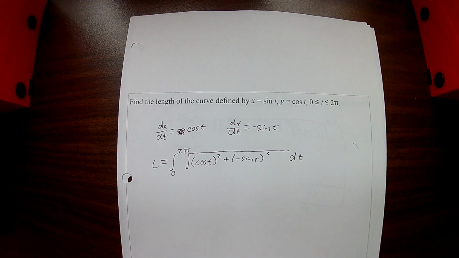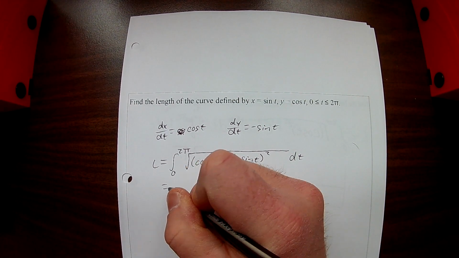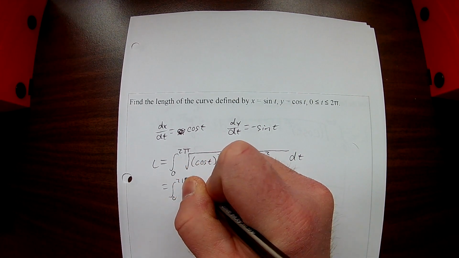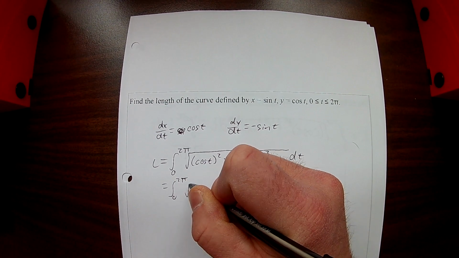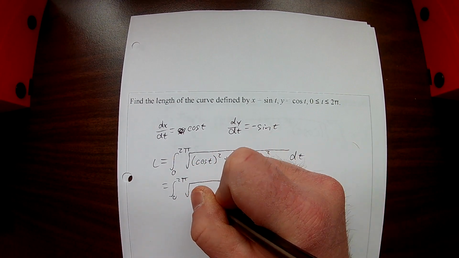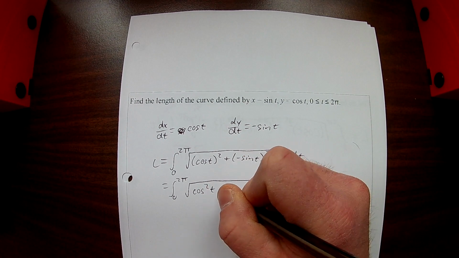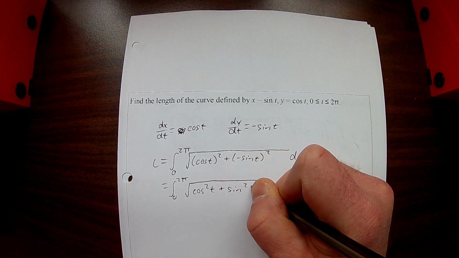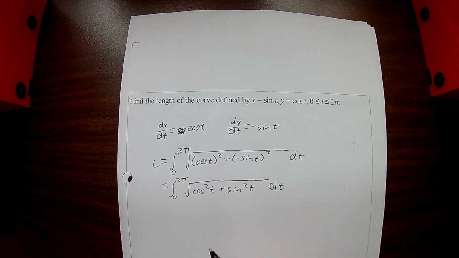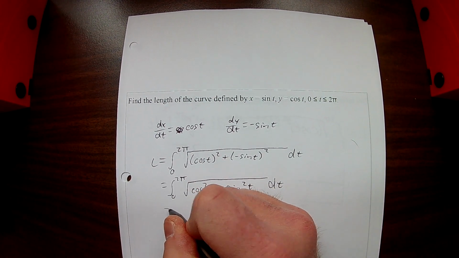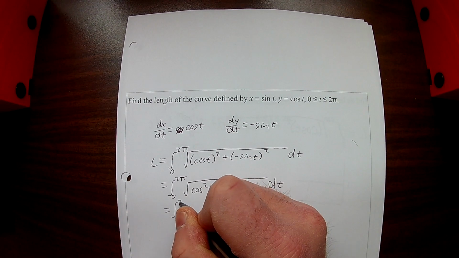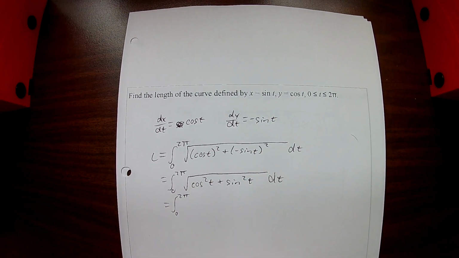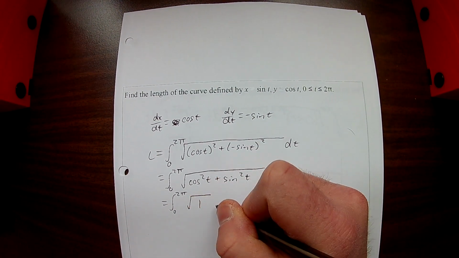Plug that into your calculator if you want to. Of course, I'm just seeing some stuff here. From 0 to 2 pi, the square root, I can write this as cosine squared of t plus sine squared of t dt. Hopefully you remember that cosine squared plus sine squared is equal to 1.